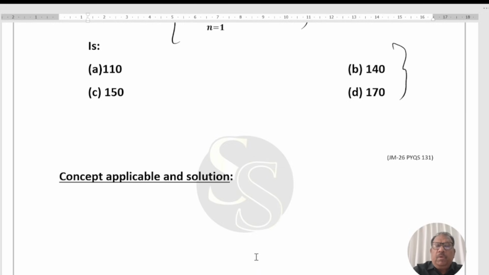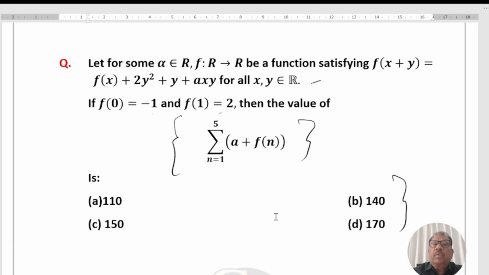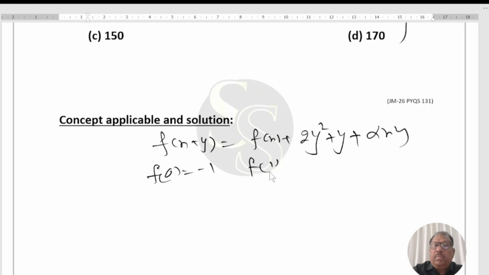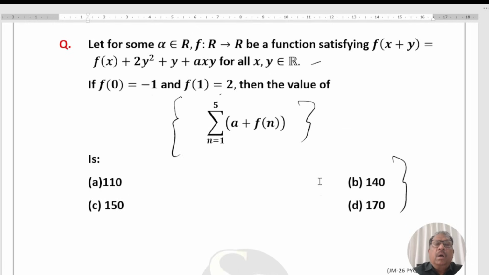According to the question, f(x plus y) equals f(x) plus 2y square plus y plus alpha xy. f(0) is given as minus 1, f(1) is given as 2.